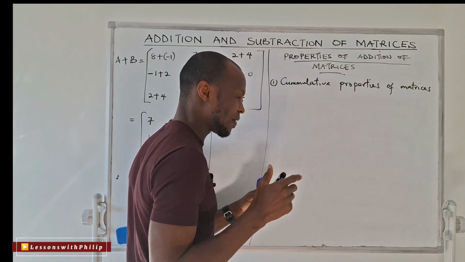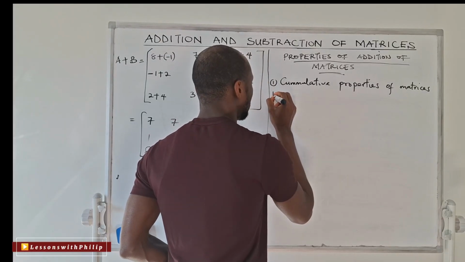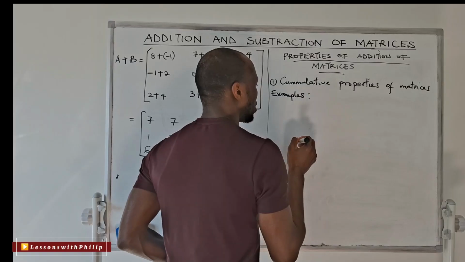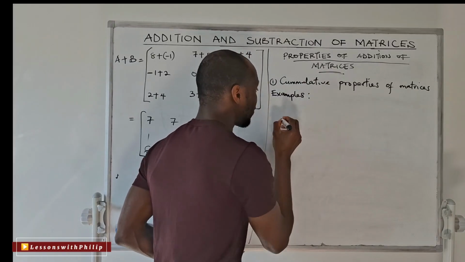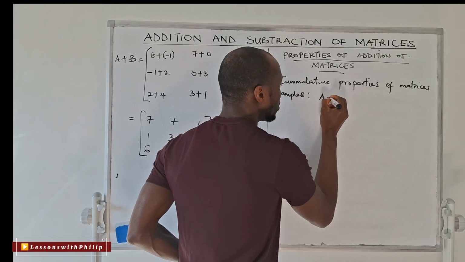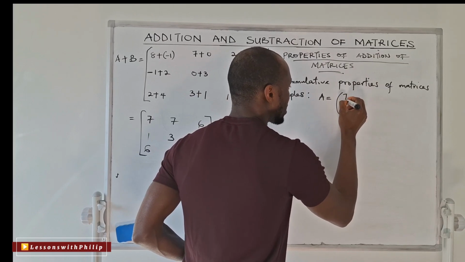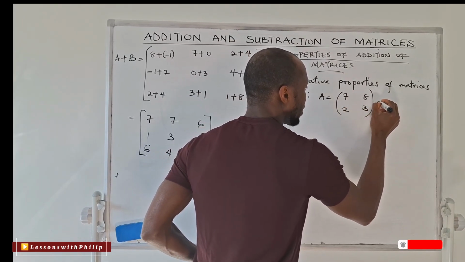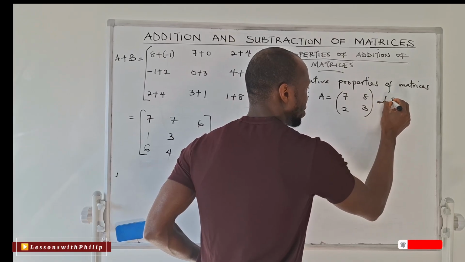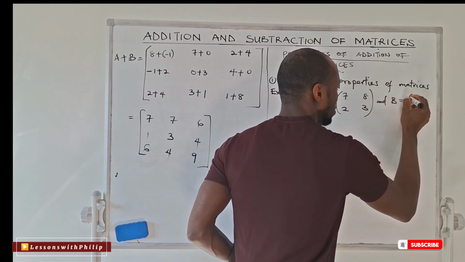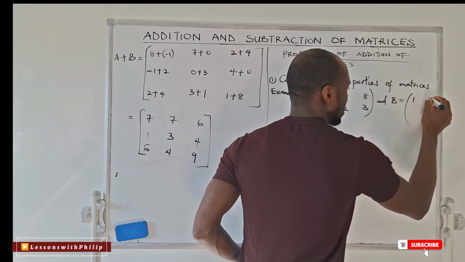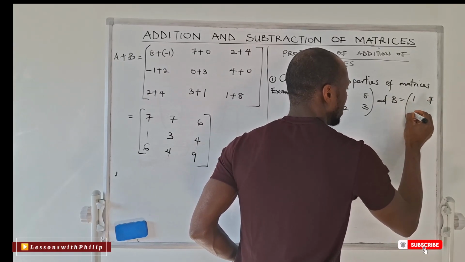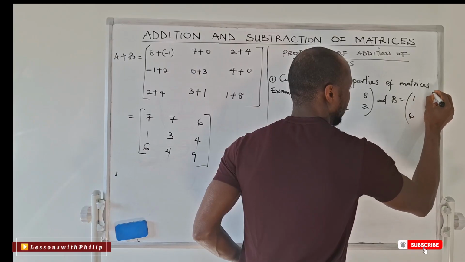Let me explain. Let me give an example. Assuming we are given matrix A equals 7, 8, 2, 3, and your matrix B equals 1, 7, 6, 5.